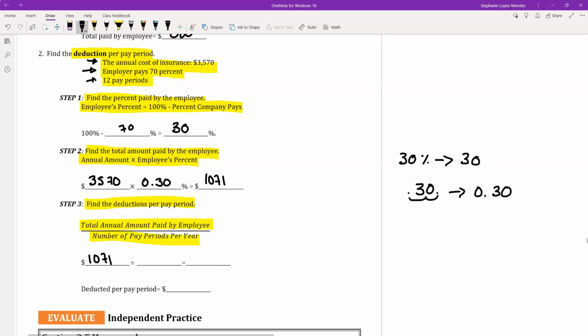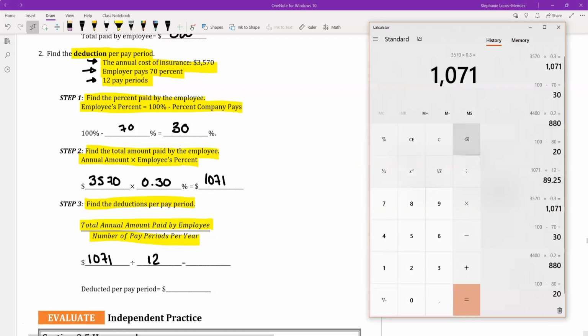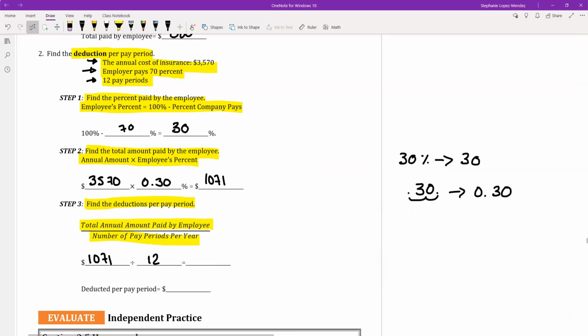The problem said the employee has 12 pay periods. On my calculator, 1,071 divided by 12 is a total of 89.25. So my deduction per pay period, or what I pay for insurance every pay period, is $89.25.